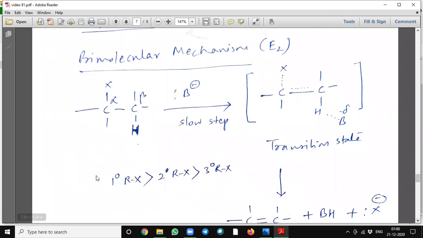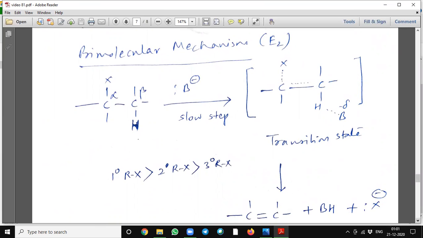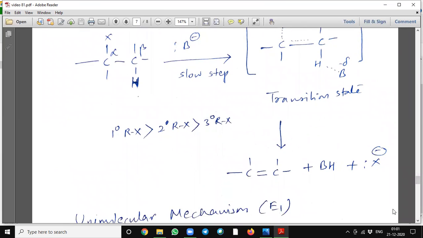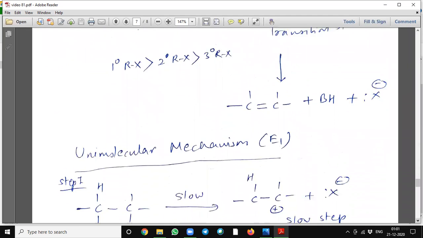Primary alkyl halides form alkene through this E2 elimination reaction. See here, the base reacts toward the reactant, and it will form a transition state, and then after the transition state it will give alkene plus this product.